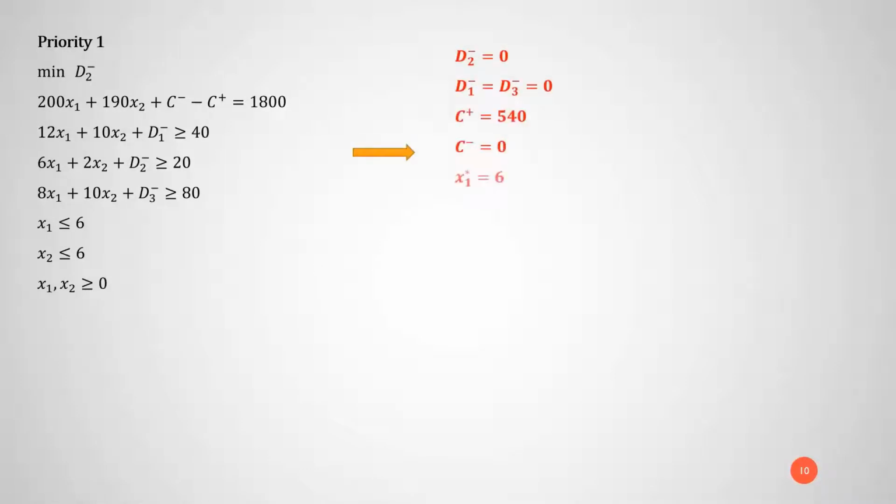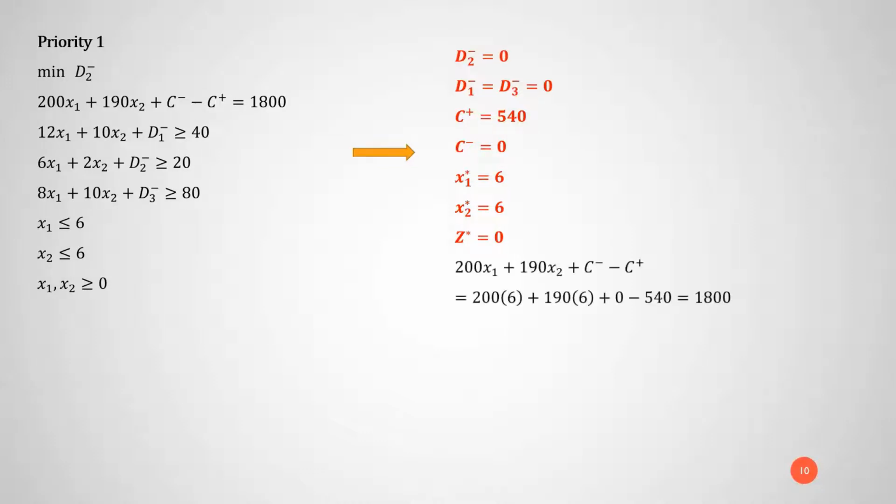What I get from solving this model is D minus 2 equal to 0, D minus 1 equal to D minus 3 equal to 0, C plus 540, C minus 0, x1 6, x2 6, and Z star 0, which was obvious because I'm trying to minimize D minus 2, and it will get a value of 0 here.